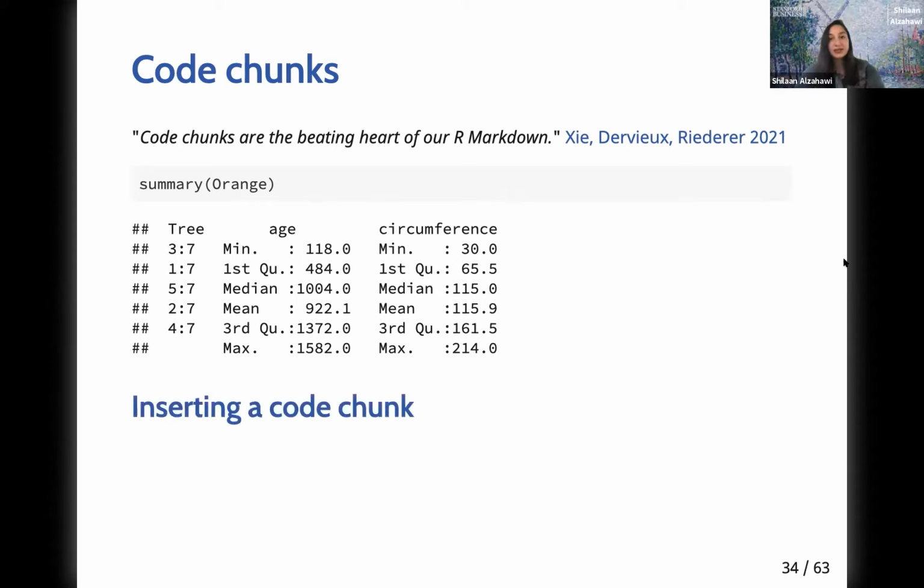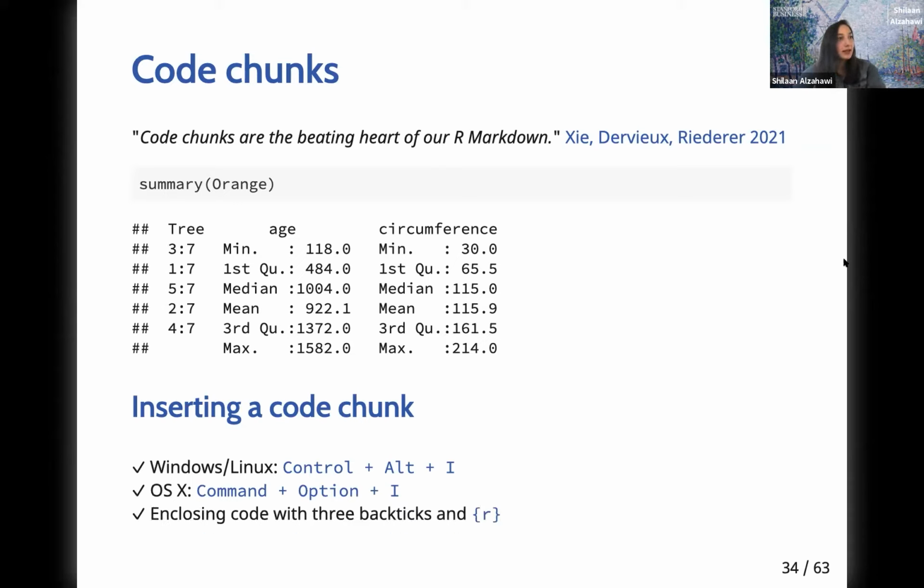All right, so how do you insert a code chunk? How do you insert your beating heart into your file? You can use a shortcut for this. That's Command Option I, or Control Alt I if you're not on a Mac, or you can just write it out. Enclose your code with three backticks and R between these braces.